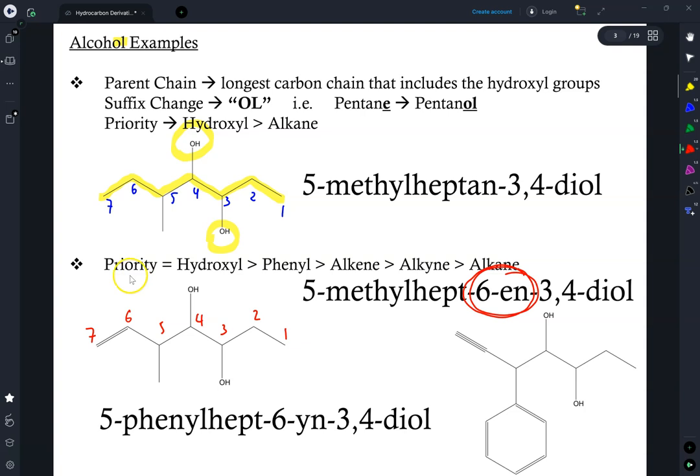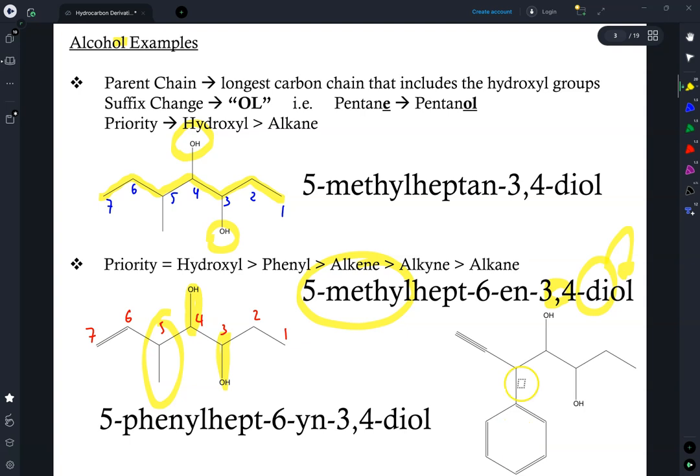Thus, in terms of priority, the hydroxyl group outranks everything we've encountered so far, including benzene, as we're going to see in the next example. But back to this example, with everything else being the same, the hydroxyl group is still located on the 3 and the 4. Di means there's 2 of these alcohols. There's a suffix change right there. And the 5-methyl has not changed. On the number 5, there's a methyl group there.